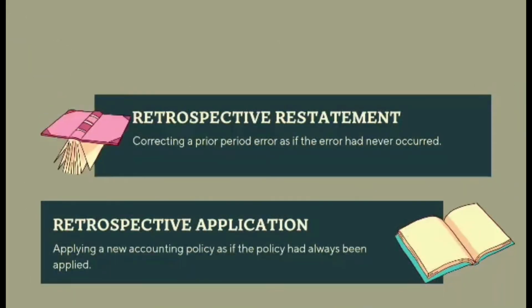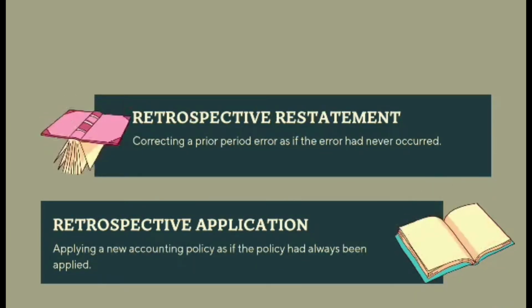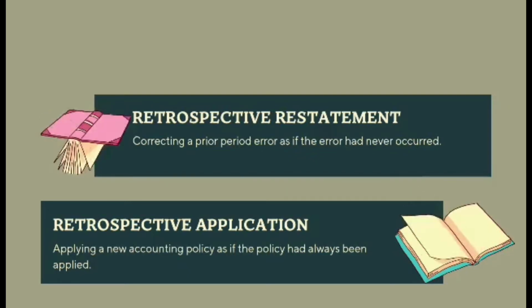Ano nga ba yung retrospective restatement? Ibig sabihin, tinatama mo yung prior period error as if the error had never occurred. Retrospective application. Ito naman, ina-apply mo yung new accounting policy na yung policy na ginamit mo from the very start.